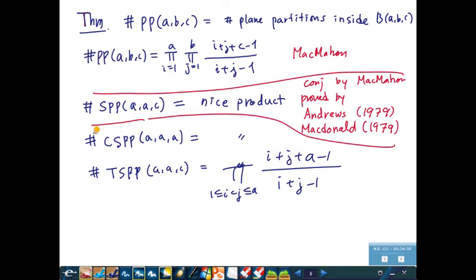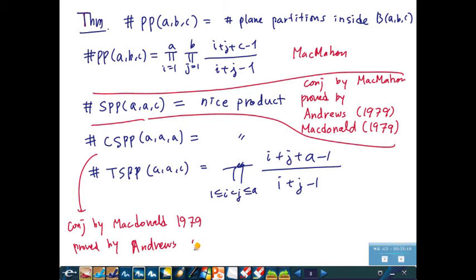Cyclically symmetric, conjectured by MacMahon, MacDonald, 1978, proved by Andrews the same year.